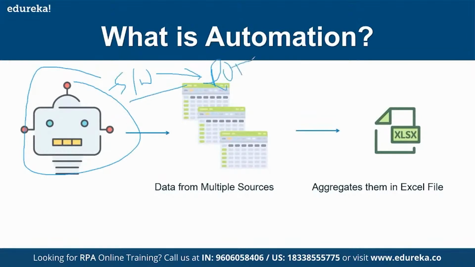In RPA, what does RPA stand for? Robotic Process Automation. The first word is robotic, so robot, R-O-B-O-T. The robot is a software. Generally, a robot is a software which has the capability to mimic human actions.